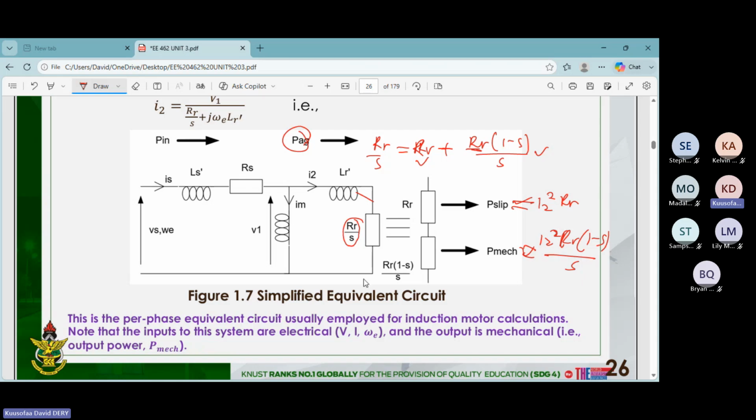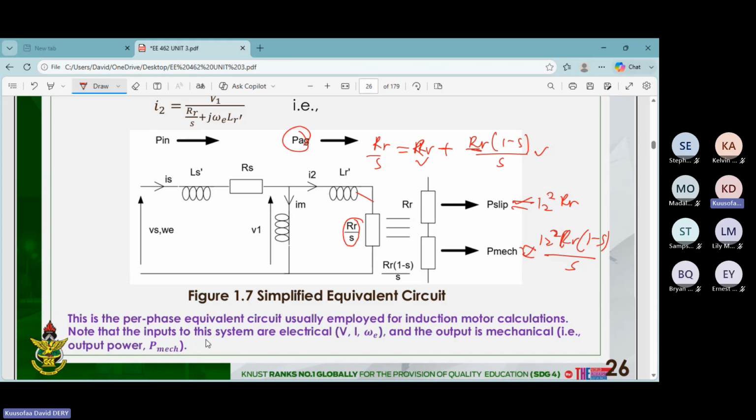So this is the per phase equivalent circuit in a simplified form, because we don't have copper losses and iron loss accounted for in this particular equivalent circuit. It's very simple, right? This is the per phase equivalent circuit usually employed for induction motor calculations.